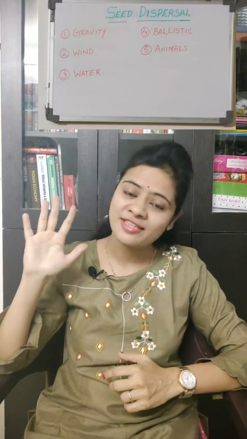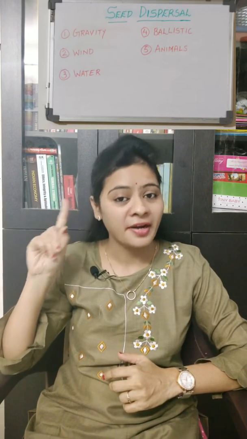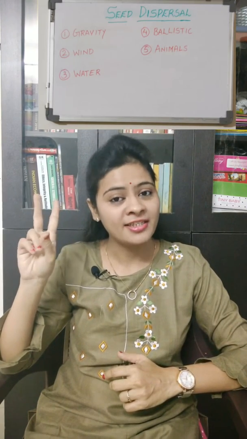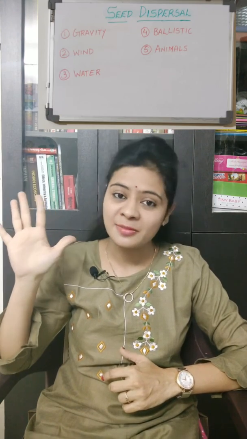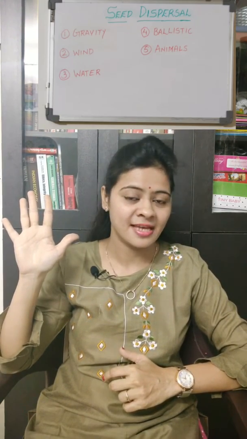Children, the traveling of seeds is called seed dispersal. And there are many ways the seeds disperse. We will list them down and learn them one by one. There are mainly 5 ways of seed dispersal: gravity, wind, water, ballistic dispersal and dispersal through animals.